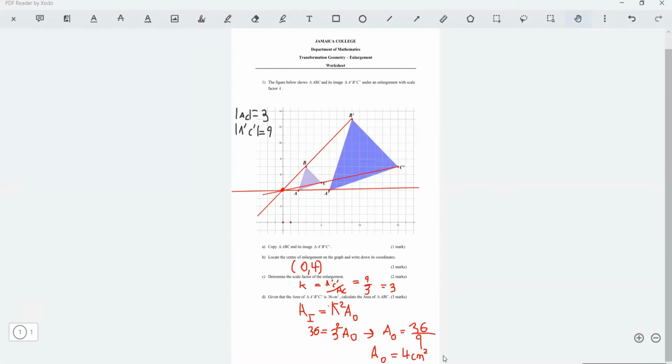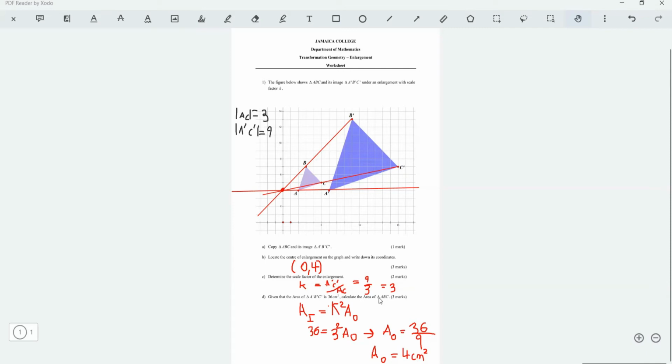The reason why it is true is that the area of the image is k squared times the area of the object. That's why we have to know this. The area of the image they gave us was 36, and so the area of the object is 4, which is true.